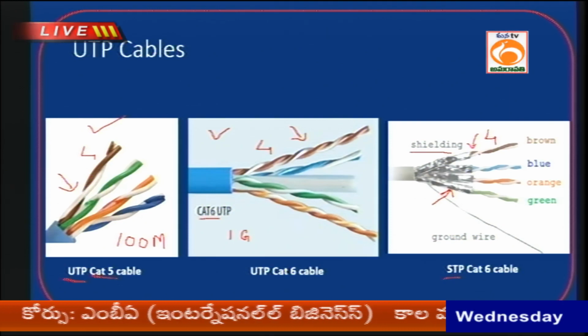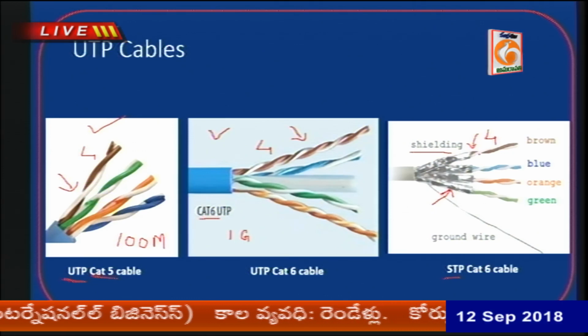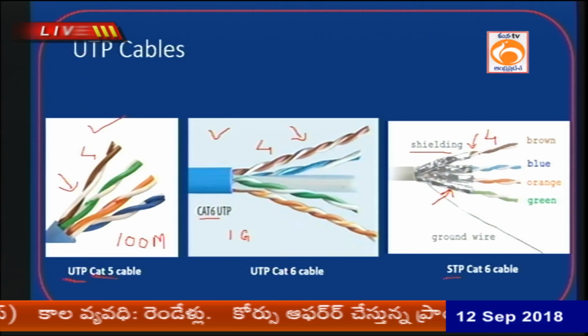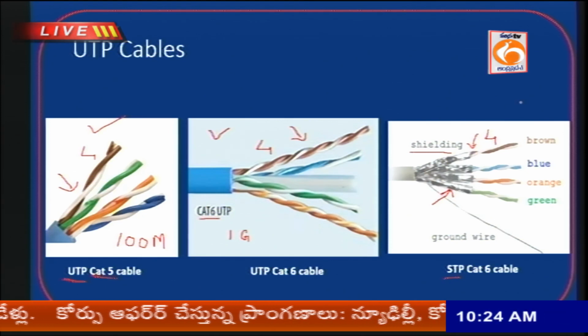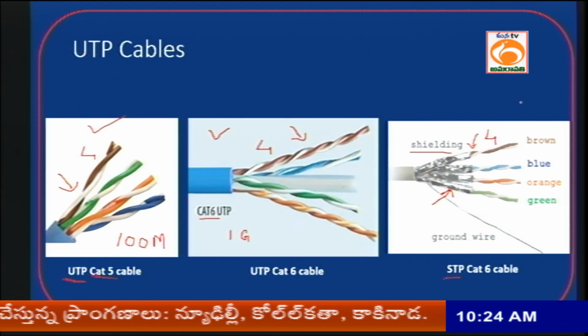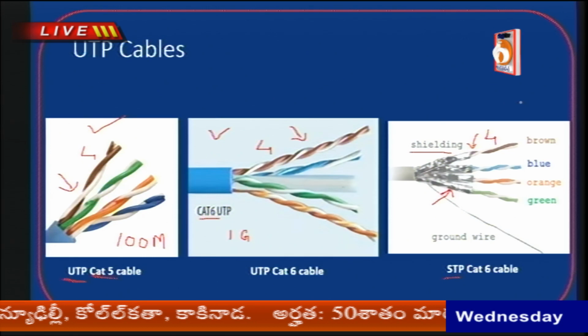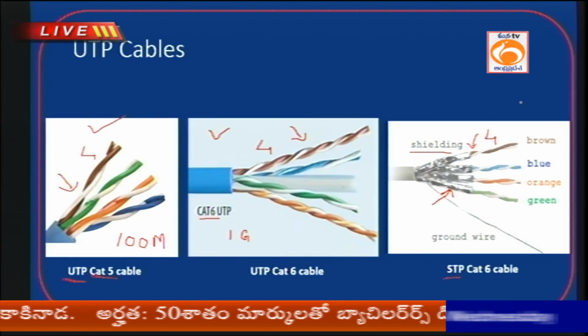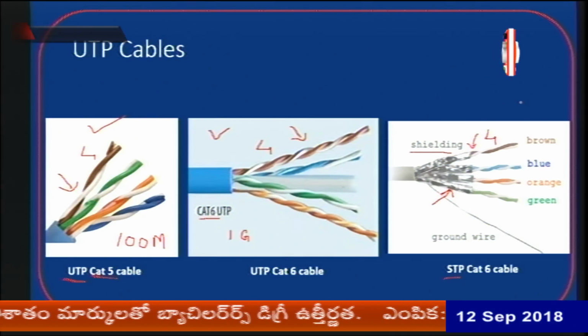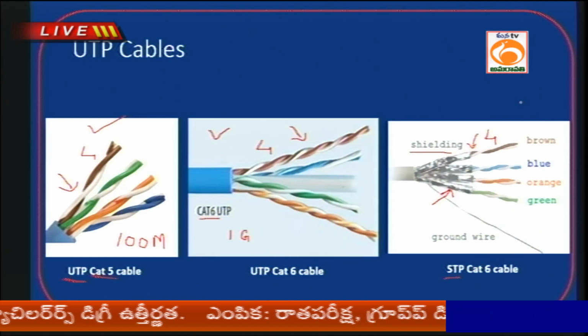So out of the 4 pairs available, only 2 pairs are used. So we have these cables which provide connectivity between network devices like PCs, servers, and printers, and networking devices like switches.